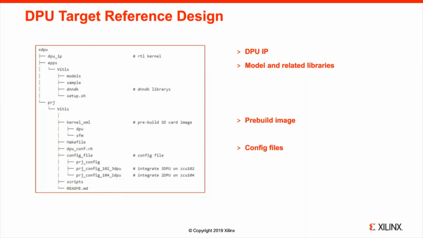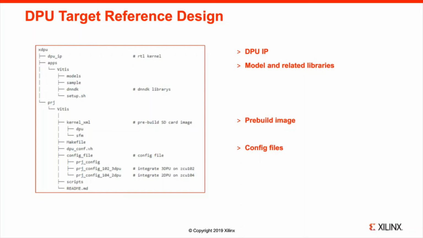In the project, we have both Vivado and Vitis projects provided, along with the pre-built image and configuration files. Users can freely select whether to use the Vivado or Vitis flow.